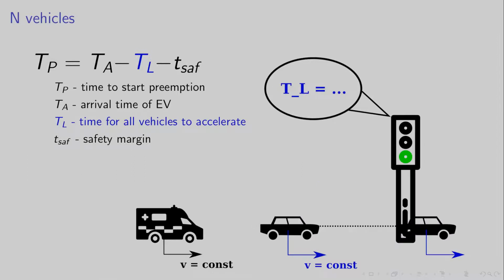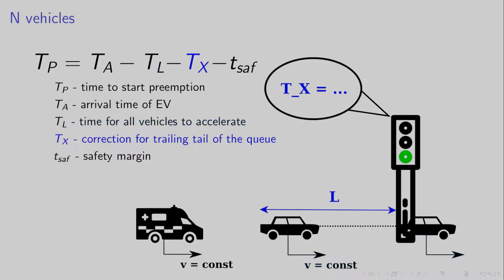We compute the time necessary for all vehicles, even the last one, to reach the saturation speed. This time is called TL. At time TL since the start of green light, there might be a few moving vehicles left in front of the stop line. This is the trailing tail of the queue.